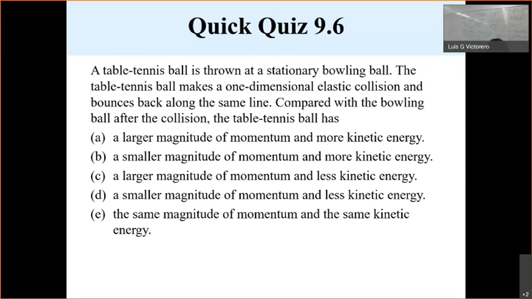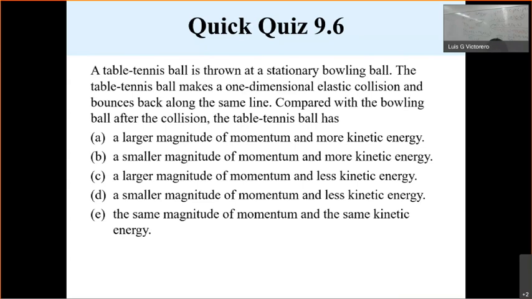Compared with the bowling ball after the collision, the table tennis has a smaller momentum.